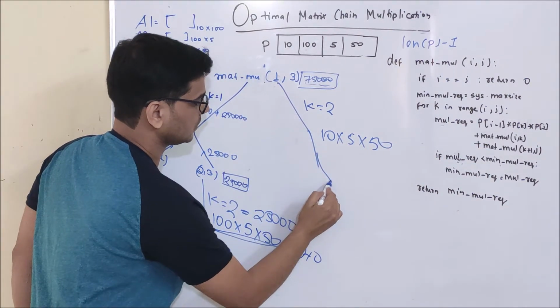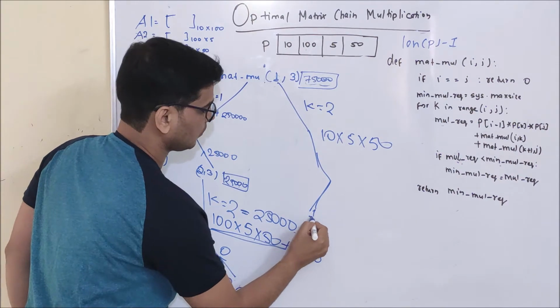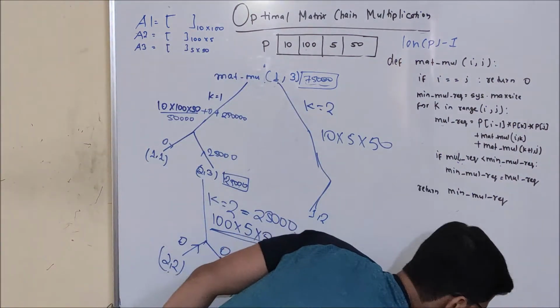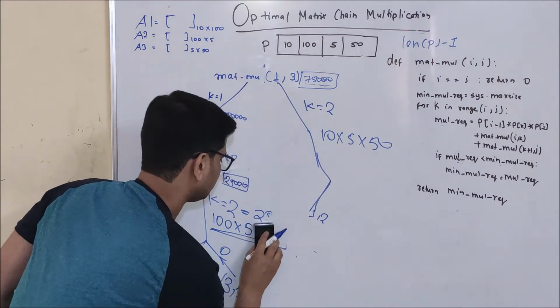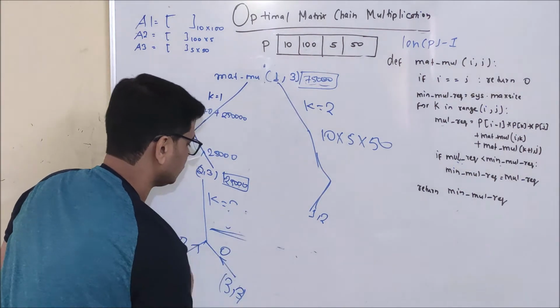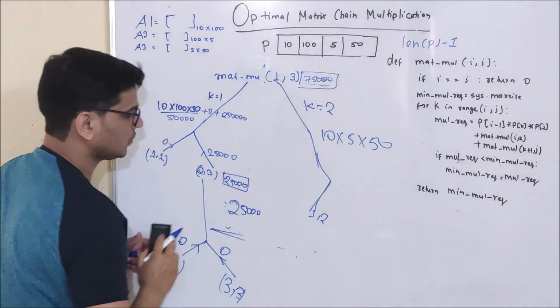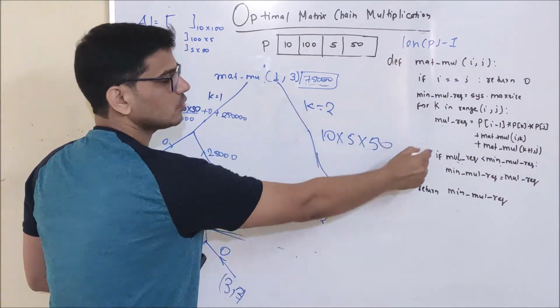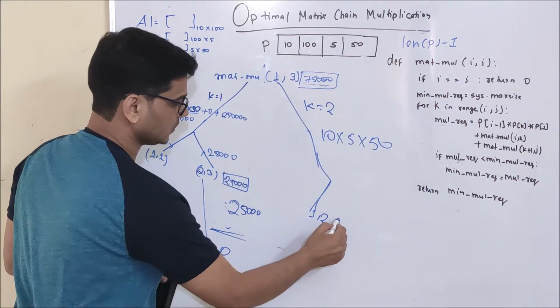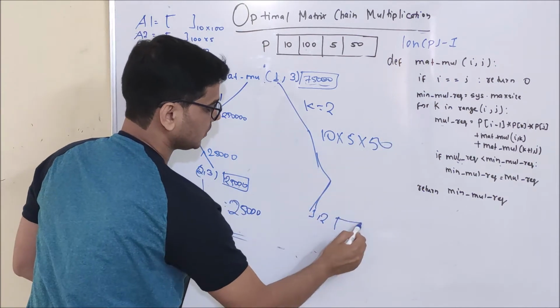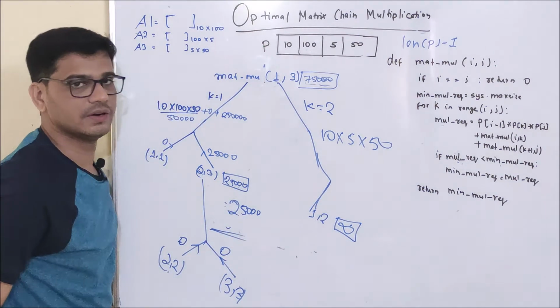So first, 1, 2 will be called. One comma 2 will be called, and when this particular function comes for its execution, this condition will be false, and the multiplication required variable will be created.